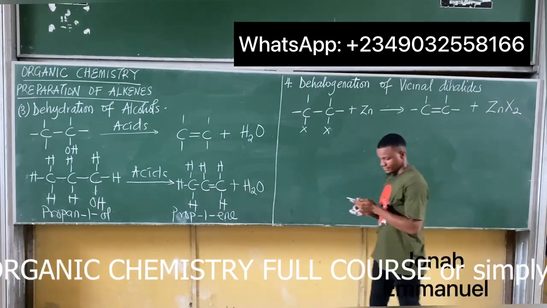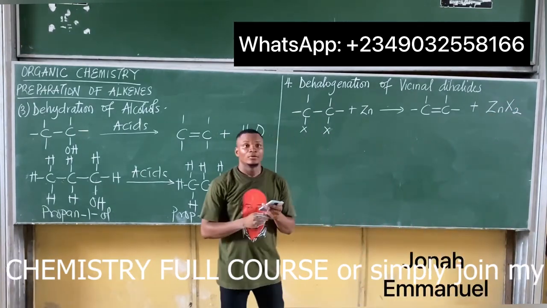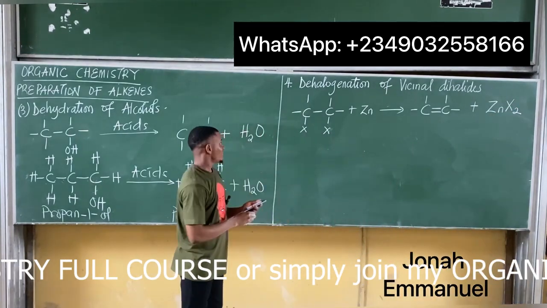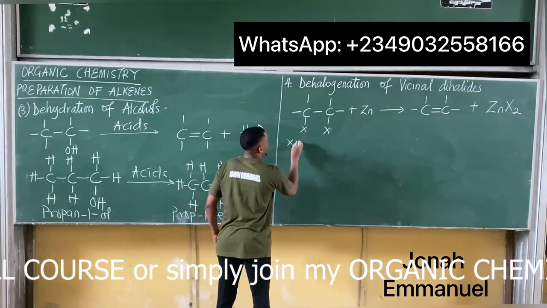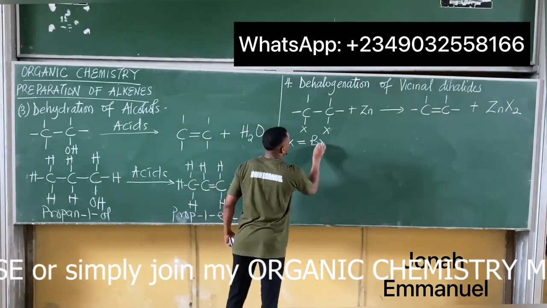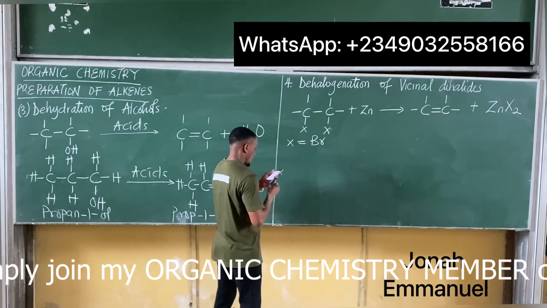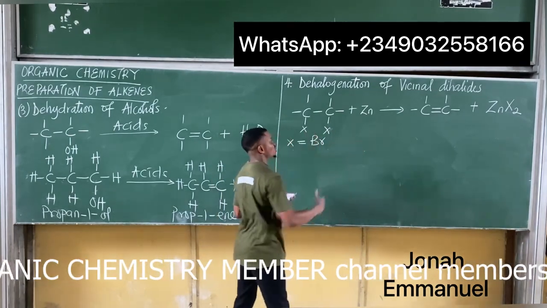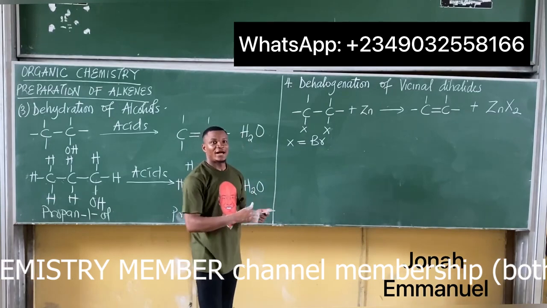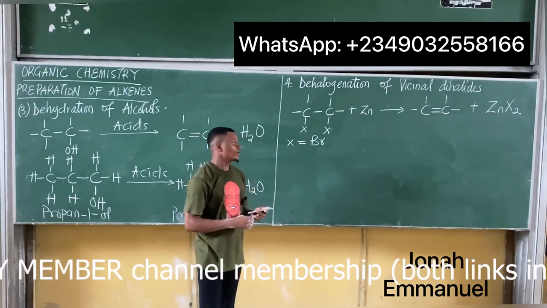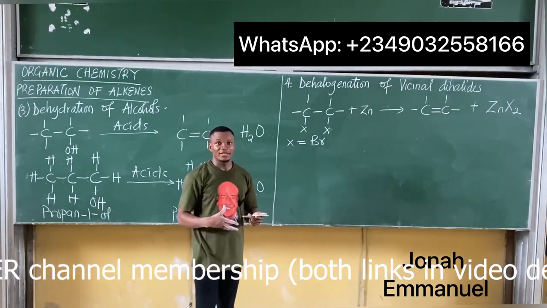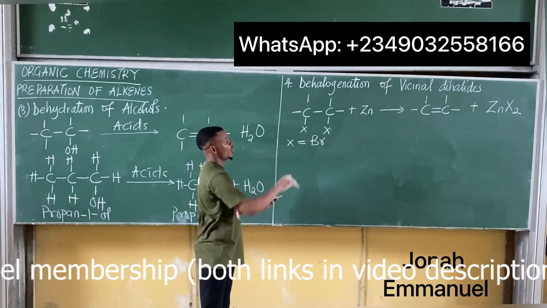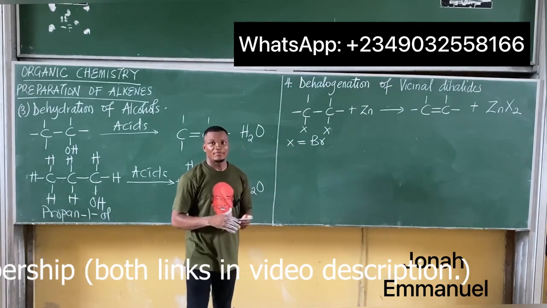So you have this. Please do me a favor: take X as equal to bromine, put H, complete the structure and name each of the compounds.